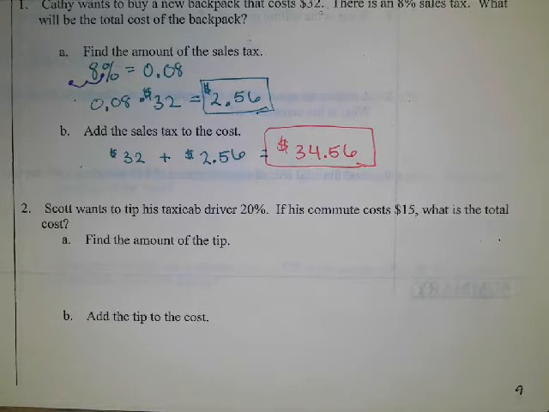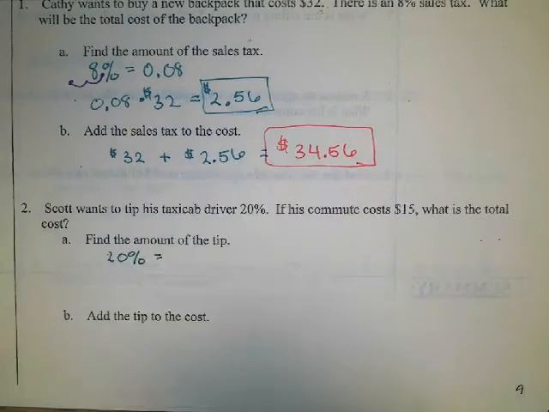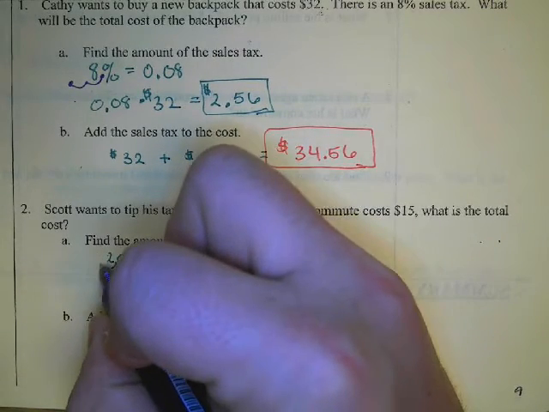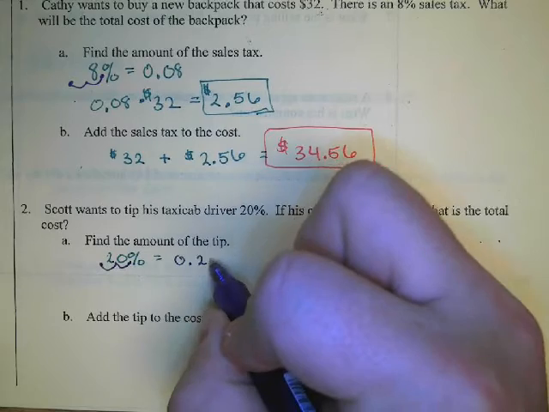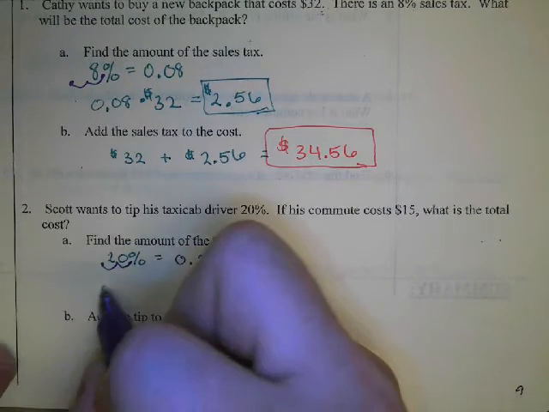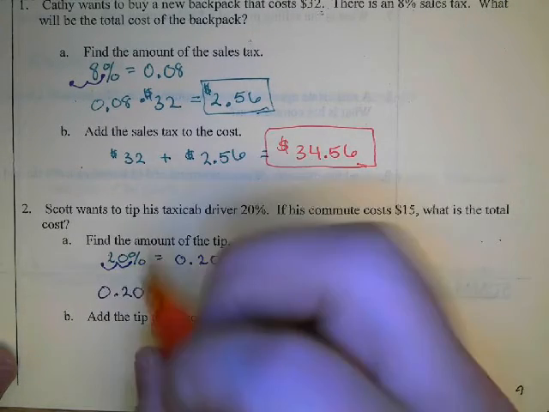So the first thing we'll want to do, just like we did in number 1, is we will turn that 20% into its decimal. So I'll write in my hidden decimal, move it 2 places, and we get 0.20.